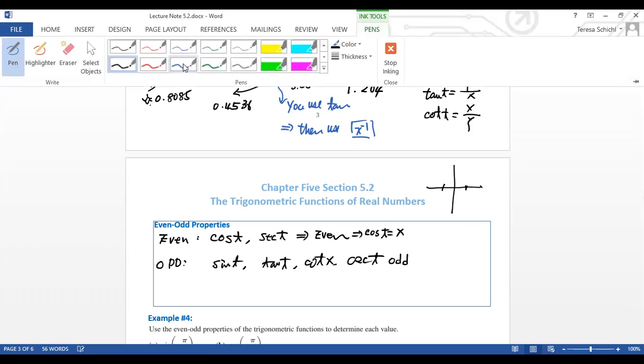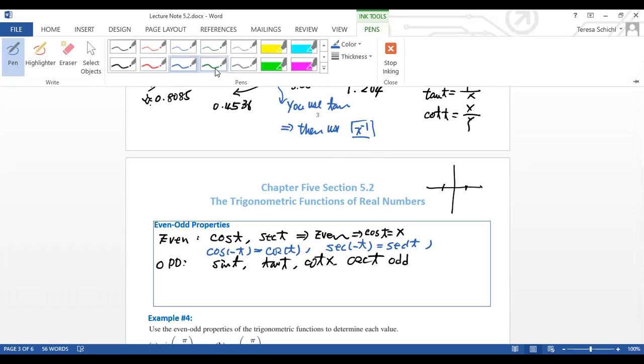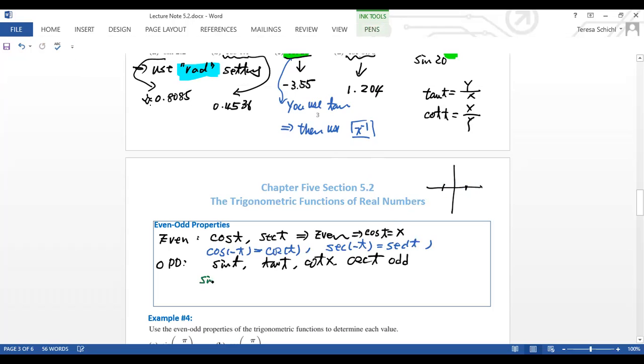For the even function, cosine negative t is equal to cosine t, and the secant negative t is equal to secant t, because cosine and secant depend on x. For the odd functions, if you have sine negative t, this will be equal to negative sine t.